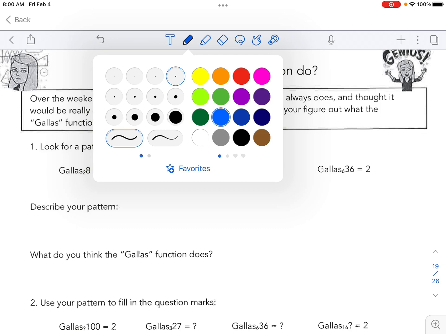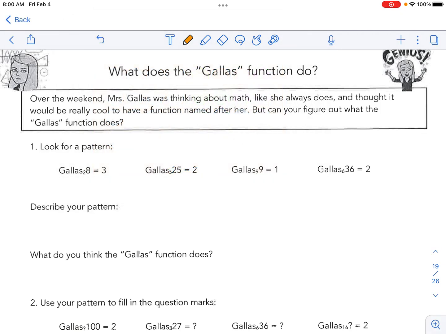If we look at this, we see a 2, an 8, and a 3. How do the 2 and the 8 and the 3 relate to each other? We could do a whole bunch of adding and subtracting and multiplying and dividing, and we really can't get them to be related. 2 plus 3 is 5, so that doesn't work. 3 minus 2 is 1. 2 times 3 is 6.